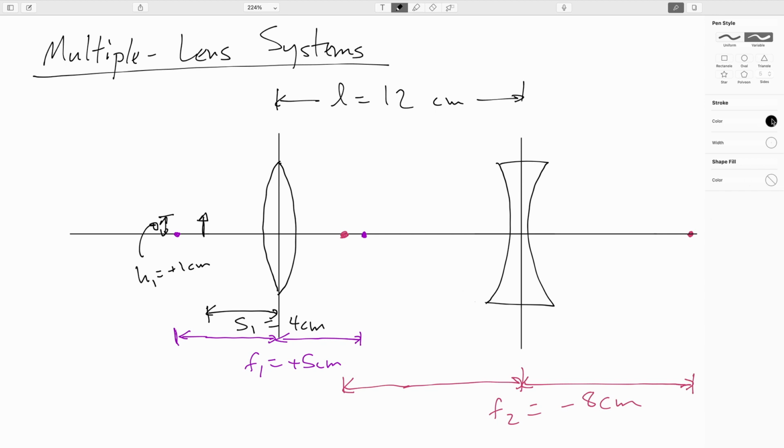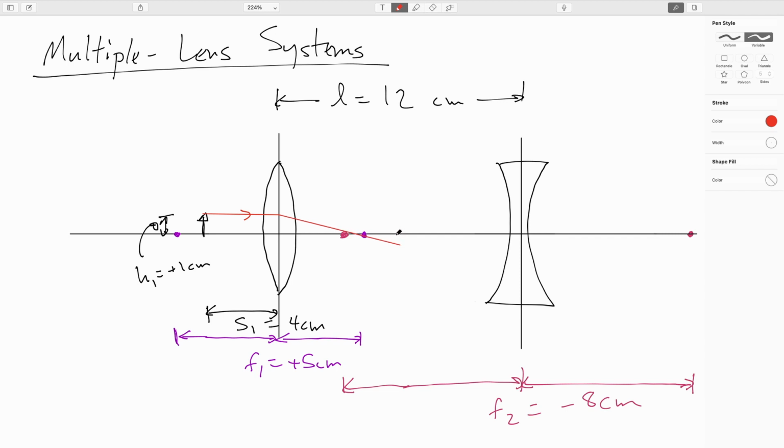So following our usual rule of thumb here, we will go ahead and draw the ray diagram. So here is the paraxial ray. And it will go out through the focal point, and make sure you keep your focal point straight.